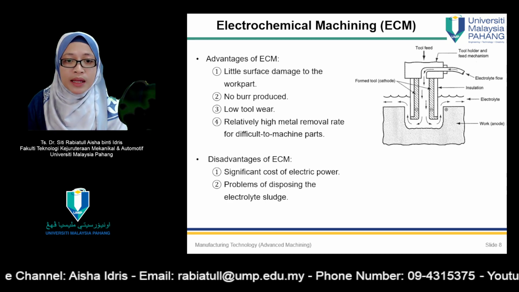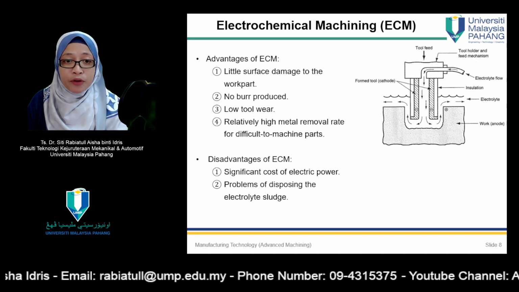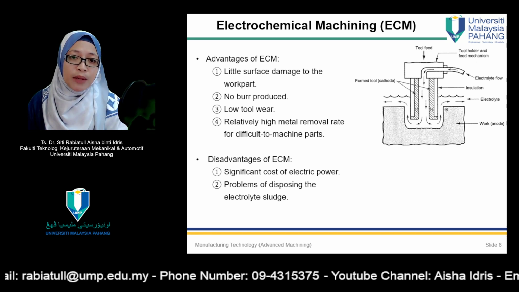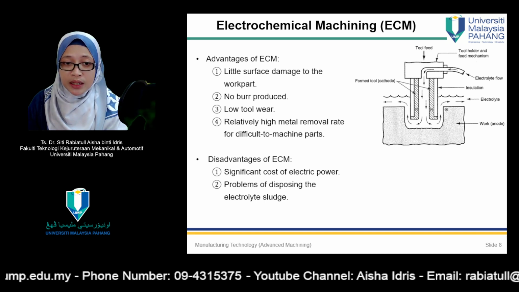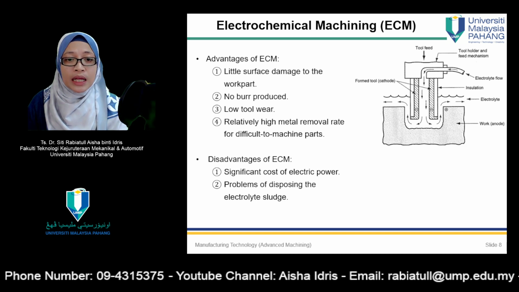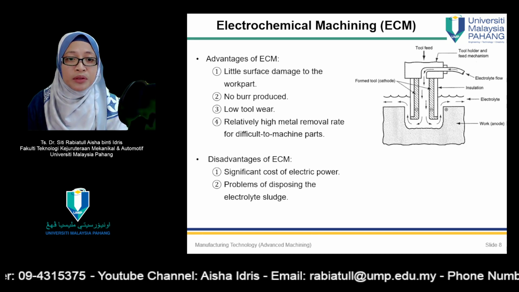Number three, holes that are not round, because ECM does not use a rotating drill. And number four, deburring. Advantages of ECM include little surface damage to work part, no burrs as in conventional machining, low tool wear, and also relatively high material removal rate for hard and difficult to machine metal.